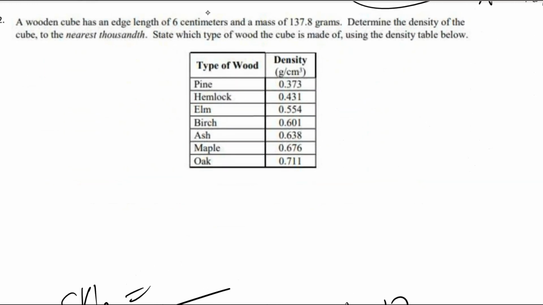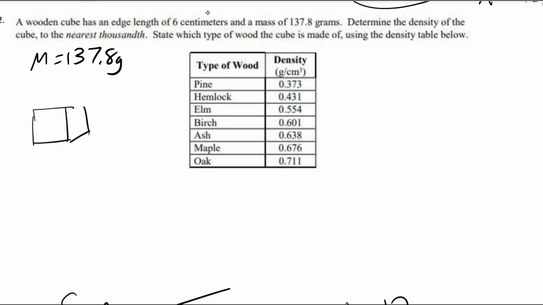Number 12. A wooden cube has an edge length of 6 centimeters and a mass of 137.8 grams. Let's see, a cube looks something like this. All the edge lengths are equal, so 6 wide, 6 long, and 6 tall.